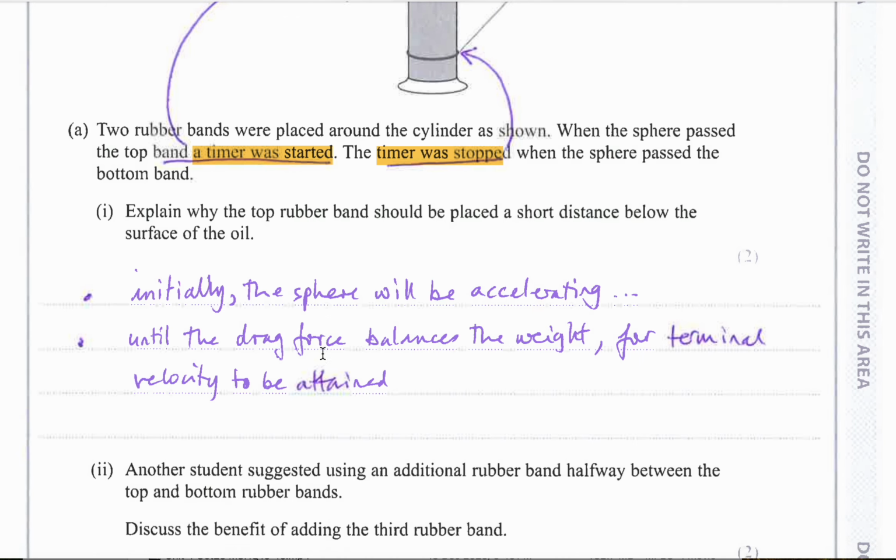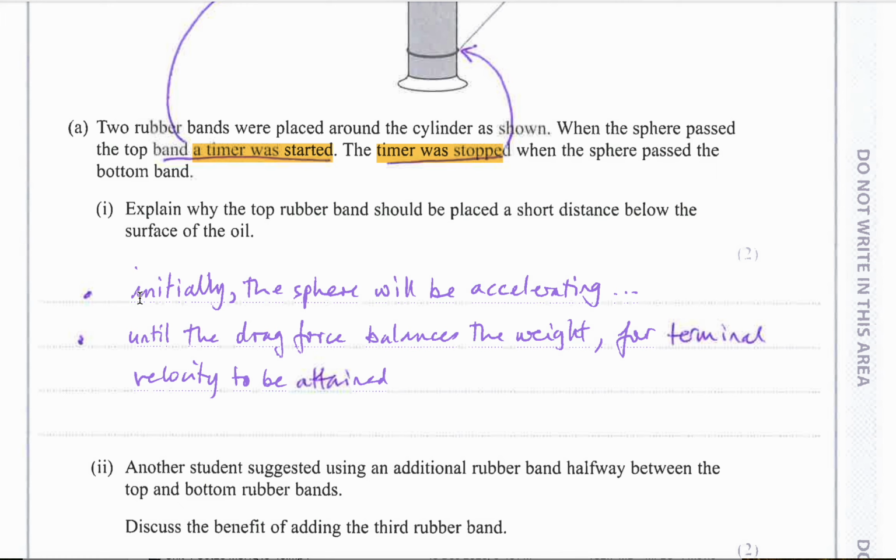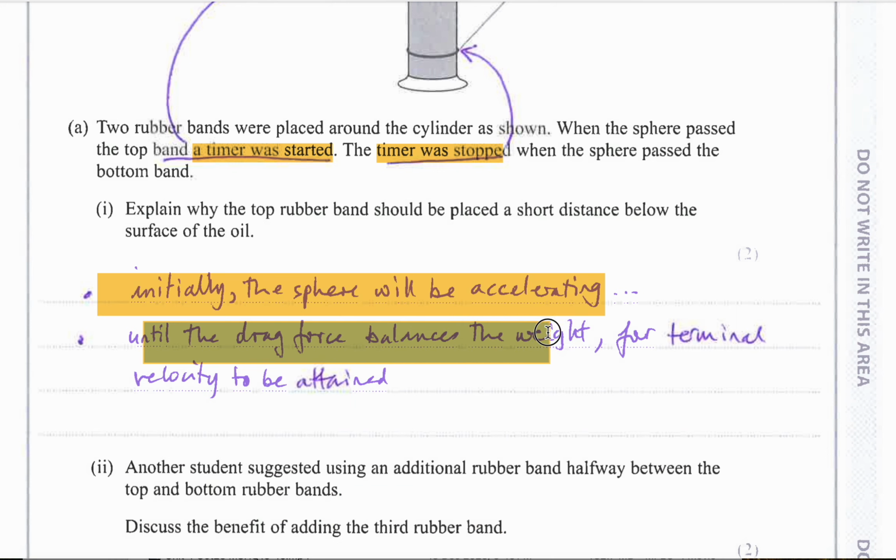So you need to then explain why it's done that. Initially, the sphere will be accelerating even though it's in the fluid until the drag force balances the weight, okay, for terminal velocity to be attained. And you're hoping that will be before the first band.